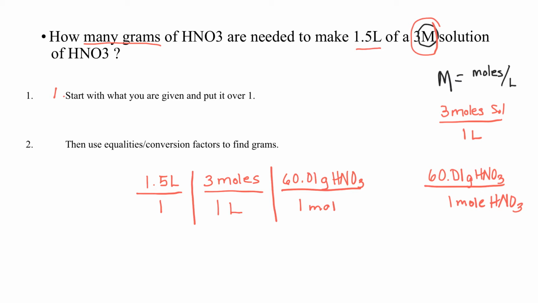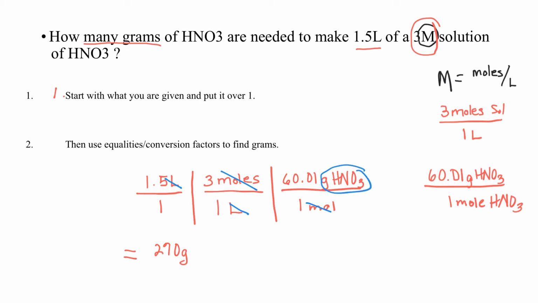So we multiply 1.5 times 3 times 60, and we get 270 grams, because we cancel. So look, we cancel liters, we cancel moles, and we're left with grams. And that's what we're looking for.